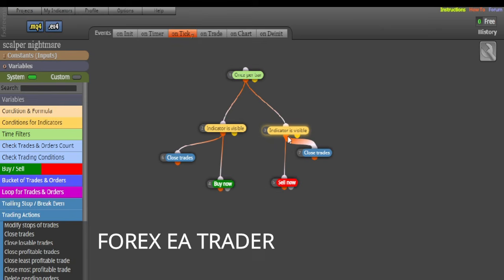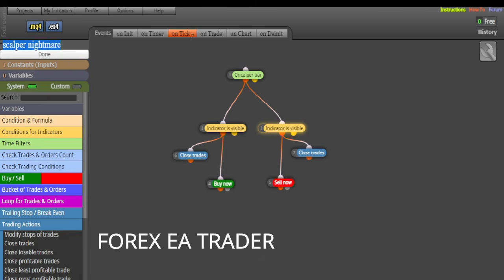So once again, well done. You have created your own Heiken Ashi based Forex robot EA. And what's left? We come here, we give it a funny name. We are going to call our robot Funny Name Ashi.